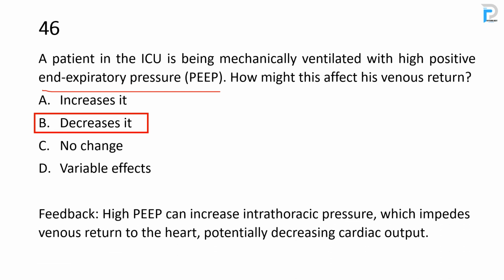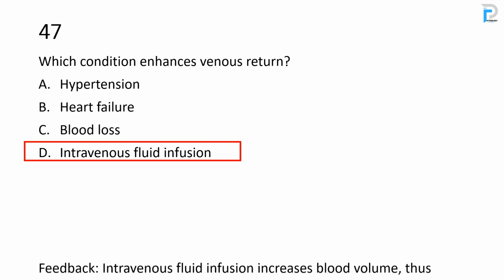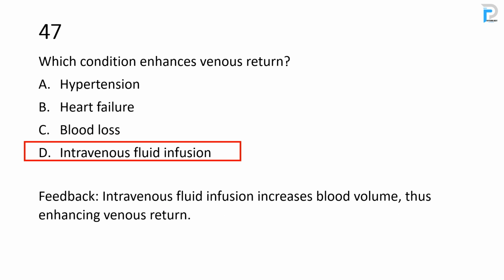Increase in central venous pressure decreases venous return. Which condition enhances venous return? Of course, that condition will be intravenous fluid infusion, because we are increasing the blood volume. So an increase in blood volume, of course, is going to increase venous return.